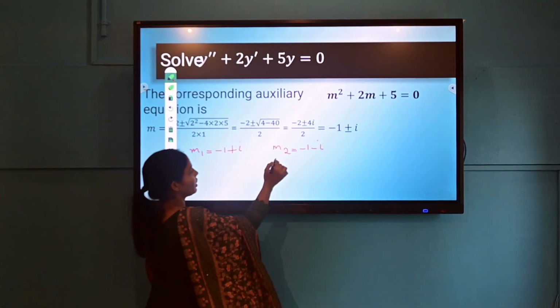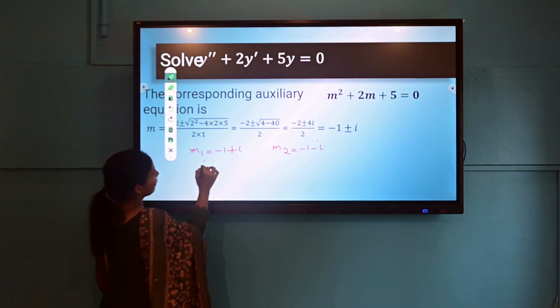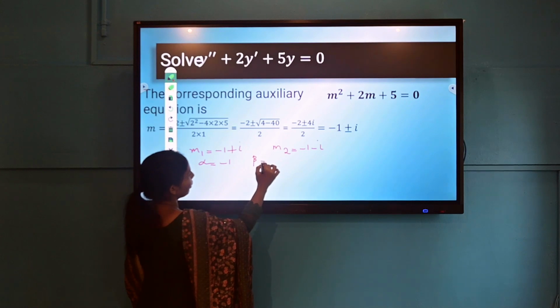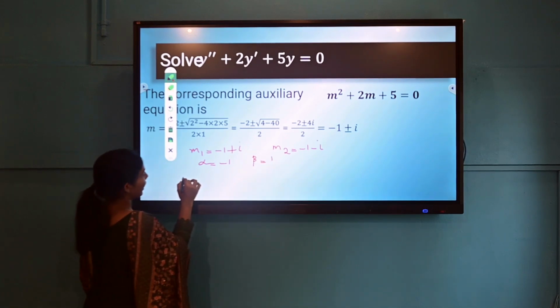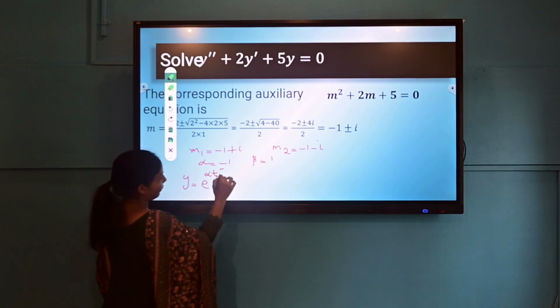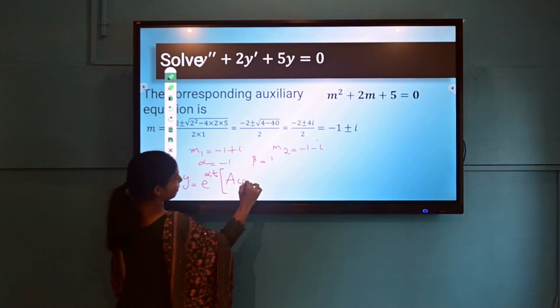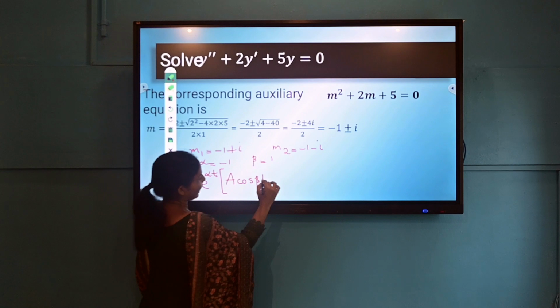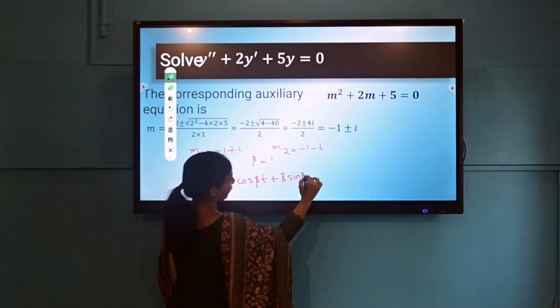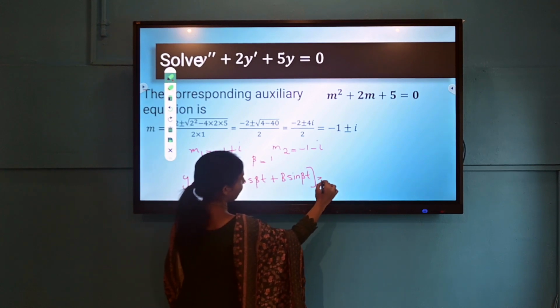So what is alpha here? Alpha is equal to minus 1 and beta is equal to 1. Then the general solution is of the form y equal to e raised to alpha t times a cos beta t plus b sin beta t. Now we can substitute the values of alpha and beta.